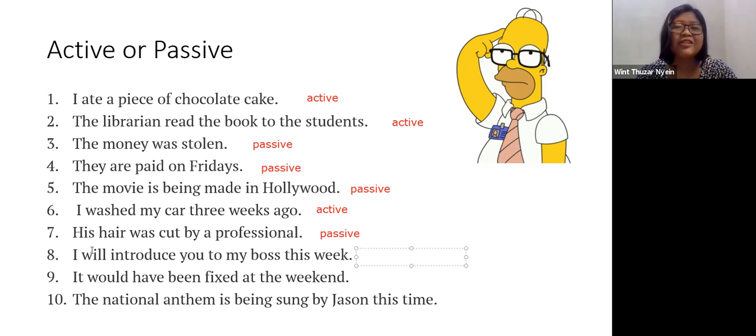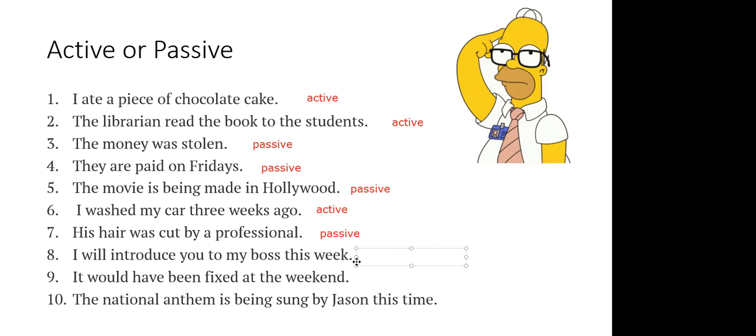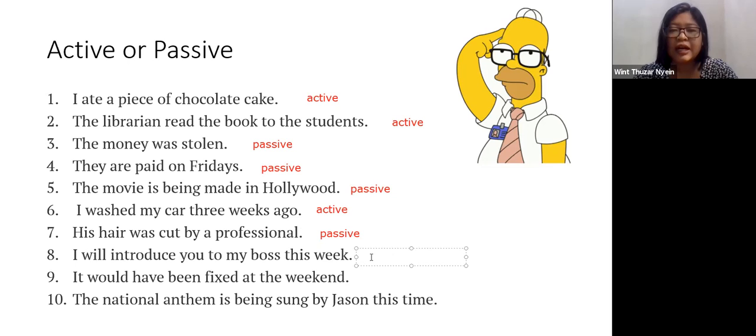Okay, it's all right because I didn't give you the form for this one yet. Will plus verb 1 is the simple future. It is active form. When we change it to passive, the passive verb form will be will be plus verb 3.